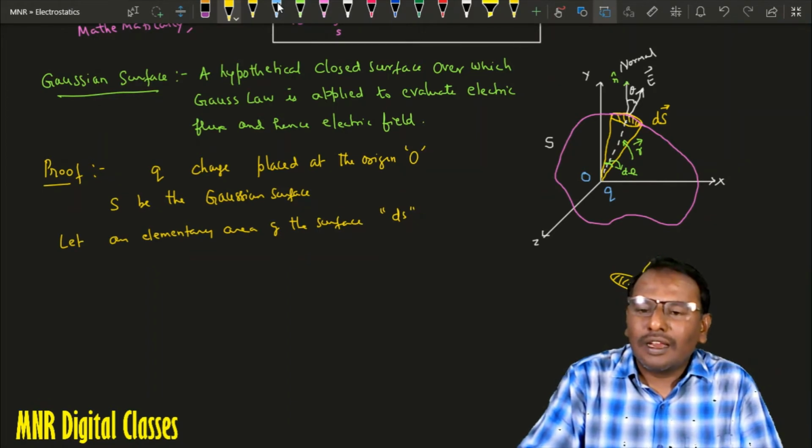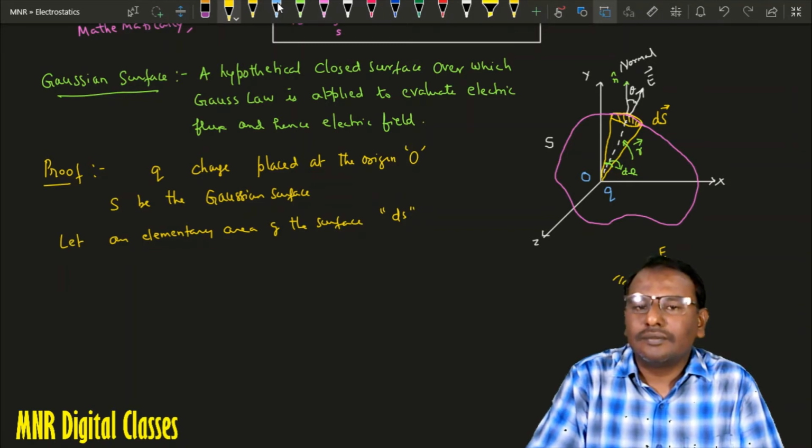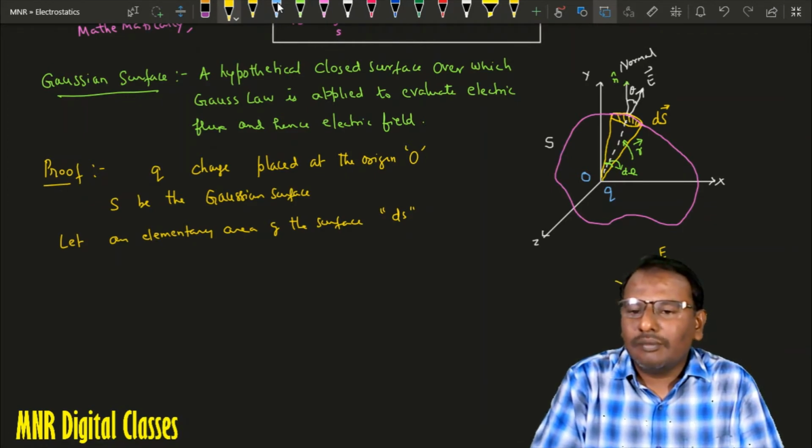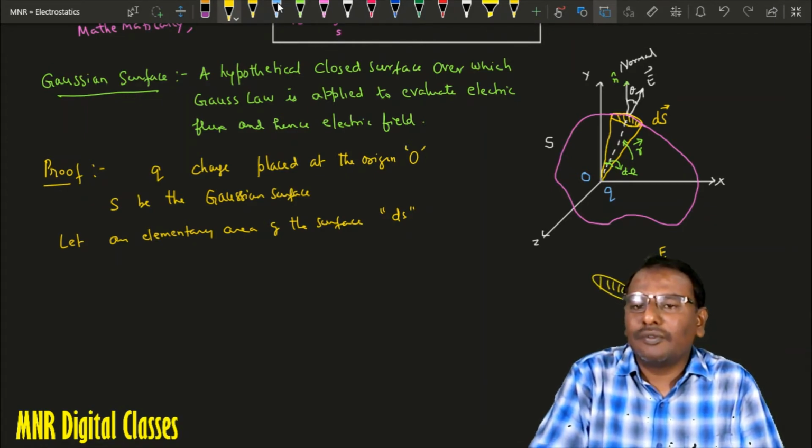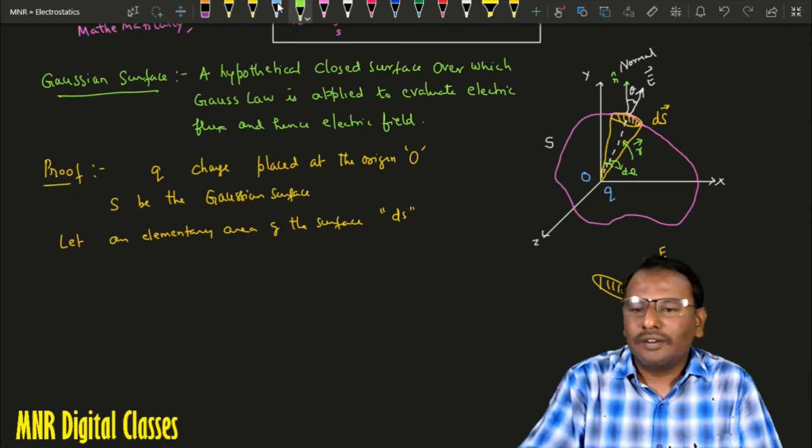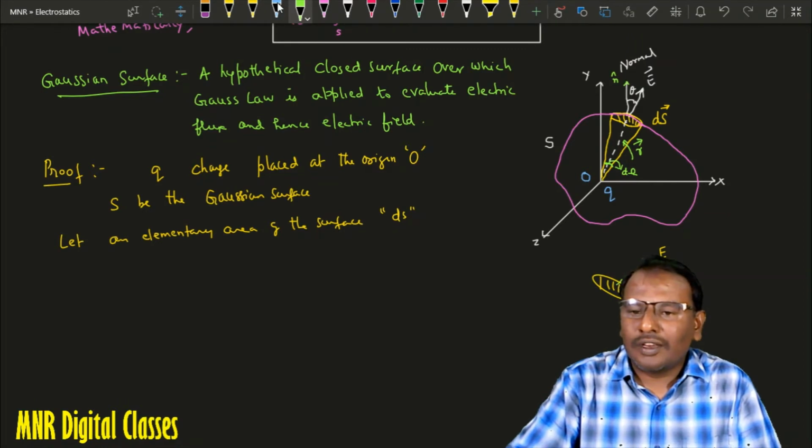Here the electric field vector, let us represent like this, and the normal. Let me draw the diagram. This is a small portion of the surface. Now for this surface, mark the normal to this surface. This is the normal vector.